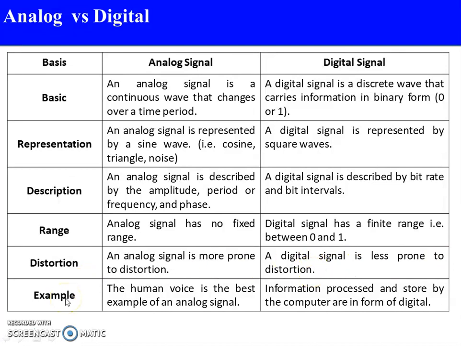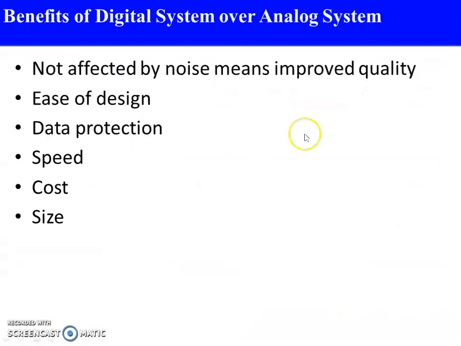The best example of an analog signal is human voice, while the information processed or stored by computers is generally in digital form. These are the benefits of digital systems over analog systems: not affected by noise, meaning improved quality, ease of design, more data protection, speed, cost and size.